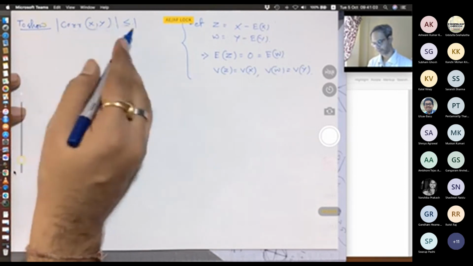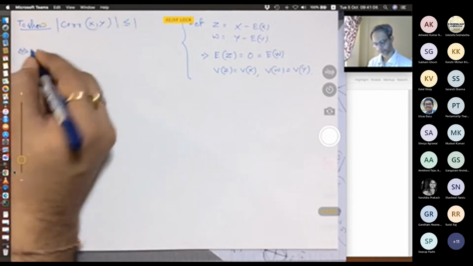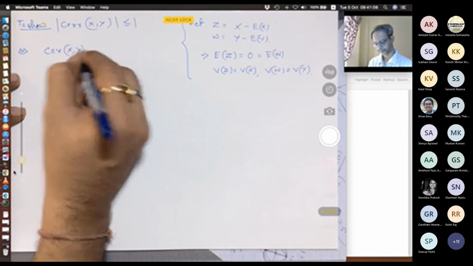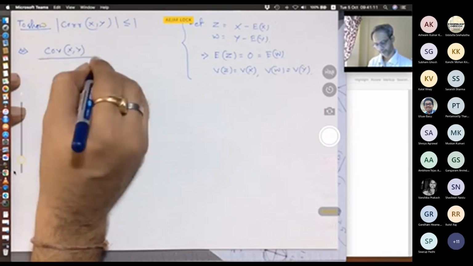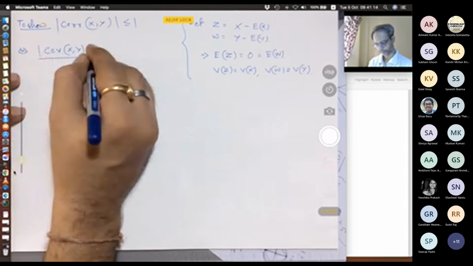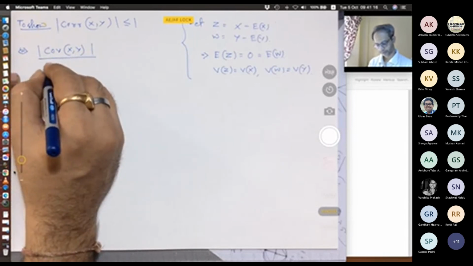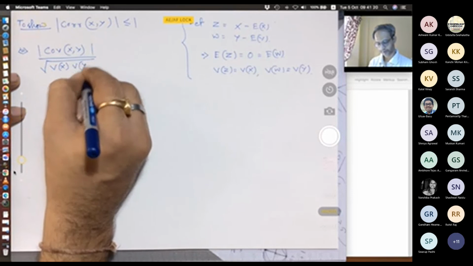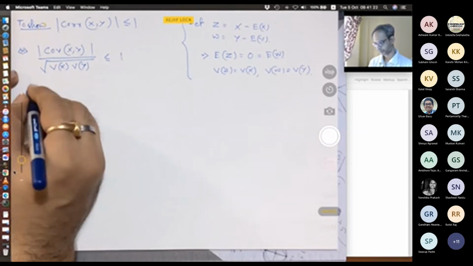So showing this thing is equivalent to showing that covariance of XY divided by mod square root of variance of X into variance of Y is less than or equal to 1.